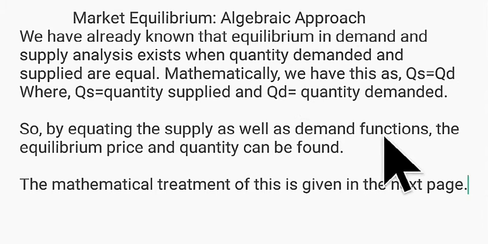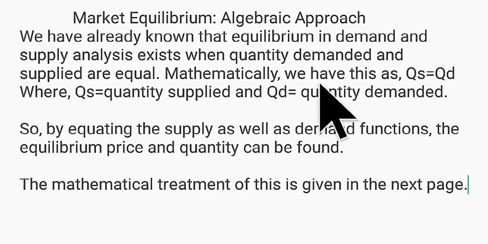Now we have the market equilibrium, or algebraic approach. We have already known that equilibrium in demand and supply analysis exists when quantity demanded and supplied are the same or equal.